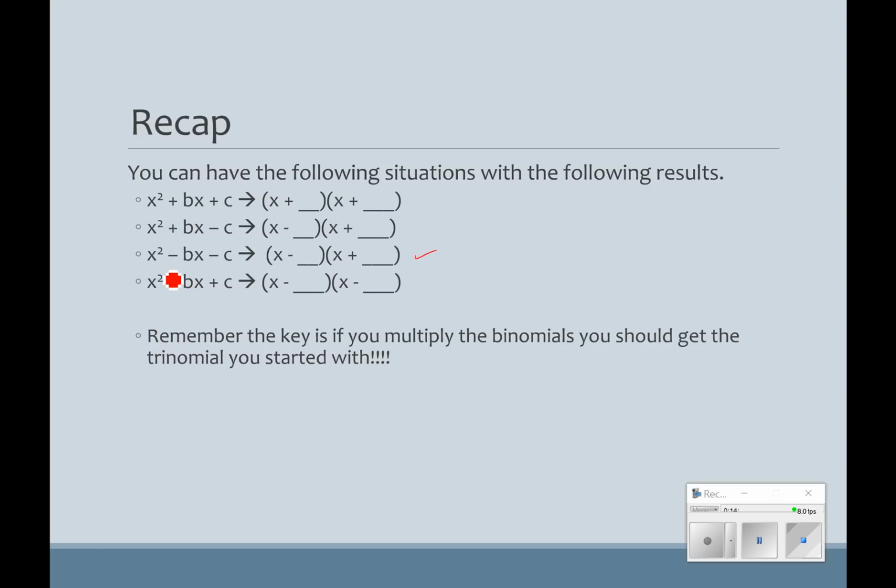If I have everything negative except for the x squared, again, we're going to have a negative and a positive. The only difference in these two is my positive is larger. Remember, from back in the day, I use larger because it's really its absolute value that's larger, not the actual number itself.